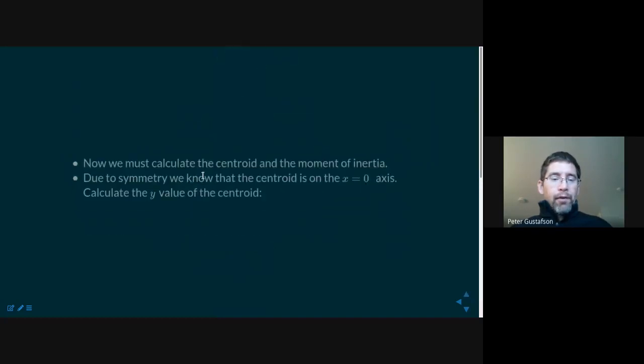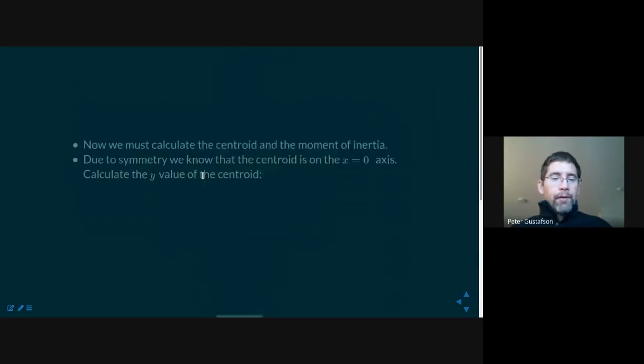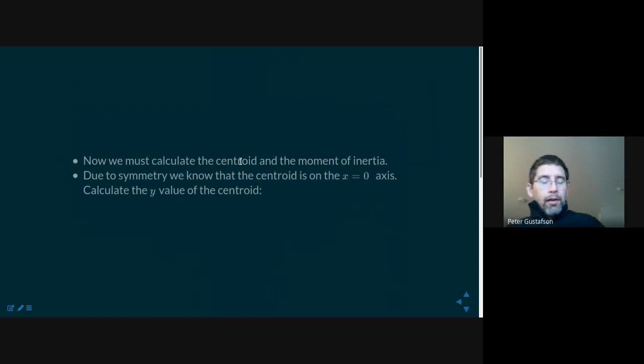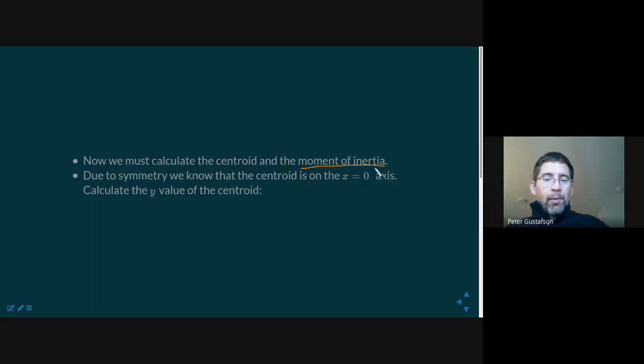Okay, so anyway, now we are going to do it. Before we calculate those resultant forces, note we can also calculate the moment of inertia. In order to calculate the moment of inertia, we actually have to locate the centroid. So those two calculations, I'm going to go ahead and do them now, just for completeness.